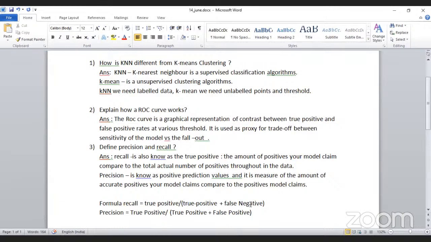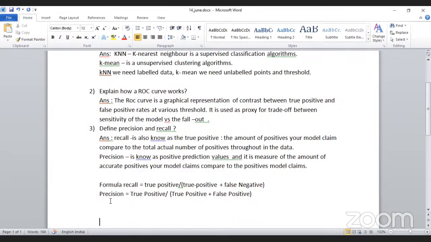Now what is precision? It takes all true positives divided by true positive plus false positive. That is, how we predict a positive value in the wrong way. That is nothing but false positive.